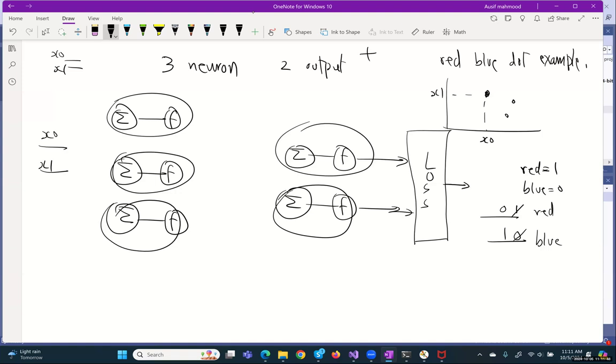So let's start from the input side. As we discussed, every input goes to every neuron, right? So then this will be like this.